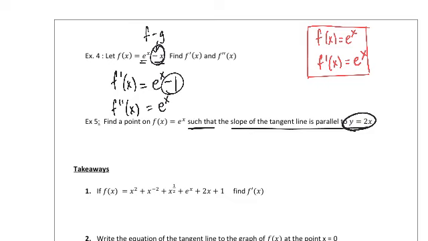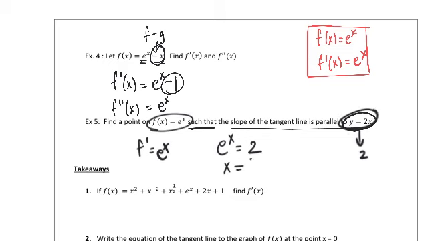Well, we know that f prime, the slope of the tangent line, is e to the x, same thing as the function. And so the slope here is 2. So then when e to the x is equal to 2, that must be the place where my tangent line would be parallel to this y equals 2x line. So solve this by taking an ln.